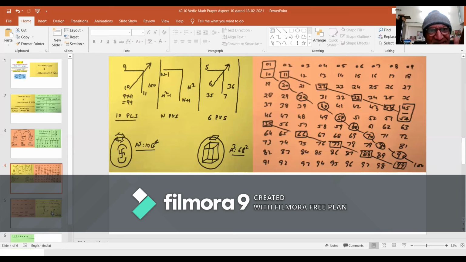A step ahead, in general, if we have an n place value system, then its double digit numbers will be n square and the grid would be n minus 1, n plus 1. For a 6 place value system, the double digit numbers will be 35 and the grid will be 5 cross 7.